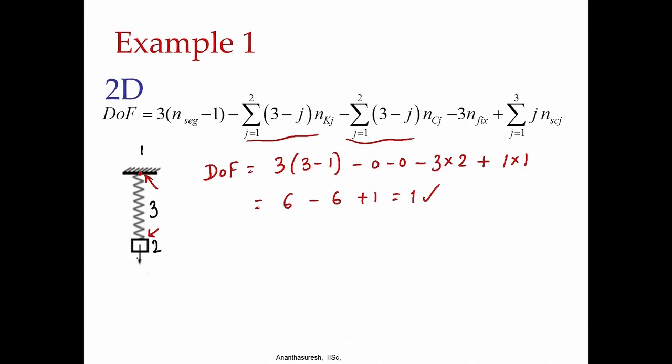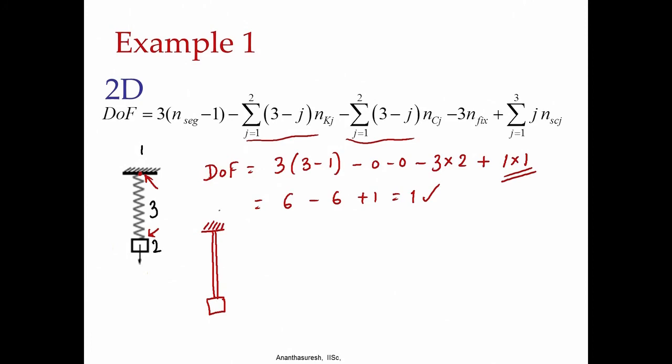But if I want to take the segment compliance of this as more than 1, here I took 1 and that is why I have 1 degree of freedom. Instead, if I have let us say a bar with this one. I do not have a spring now, but I have a bar.